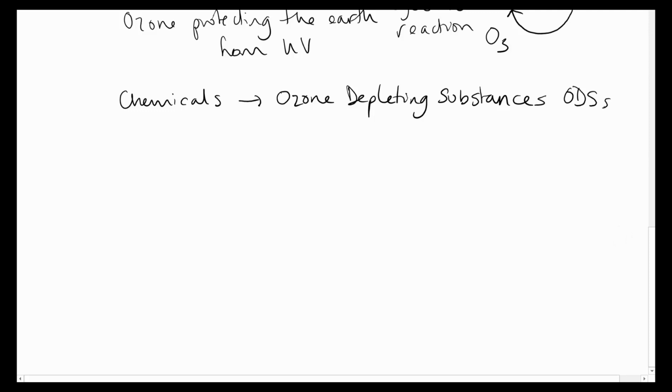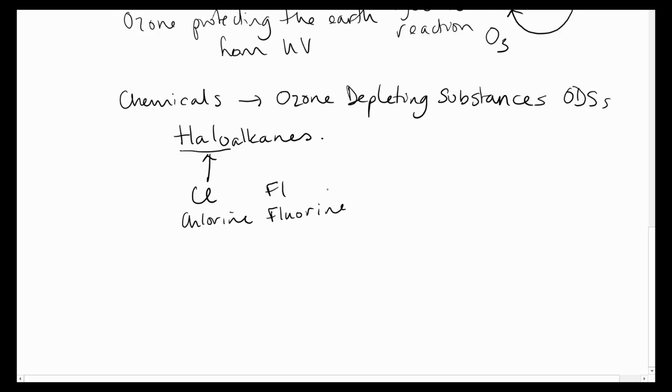And these are largely what we call haloalkanes. So the halo means that they contain chlorine. I should write this out for you. Chlorine. They contain fluorine and other atoms from group 7 of the periodic table, so bromine, iodine, etc.